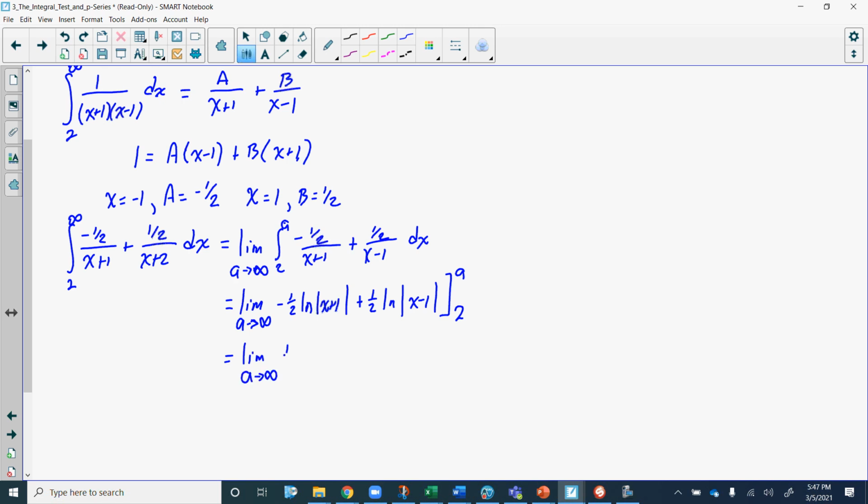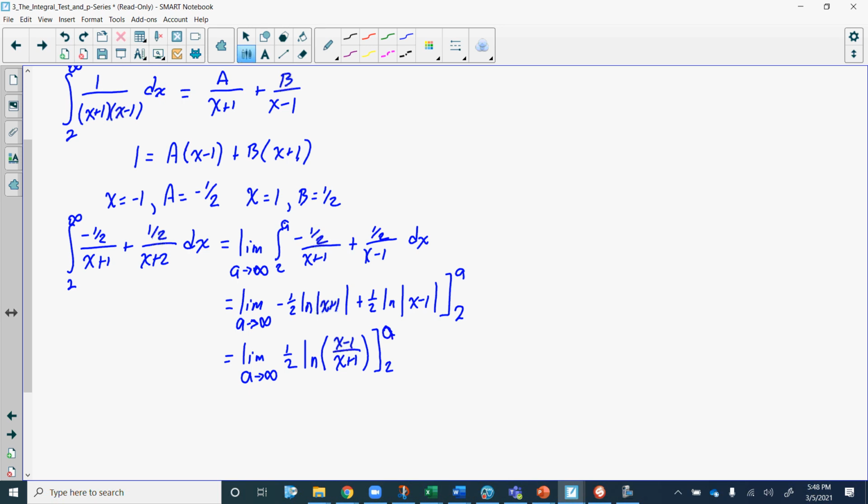Let's factor out our 1/2 as a constant, and the expression on the left is going to be negative and the expression on the right is going to be positive. So according to our properties of logarithms, I can rewrite that as the natural log of the x minus 1 term over the x plus 1 term, again evaluated from 2 to a.